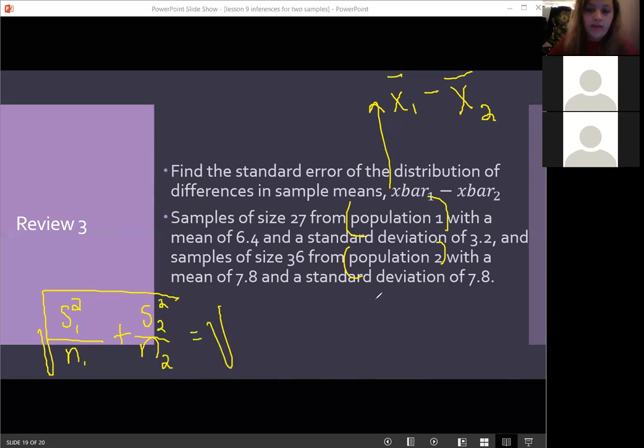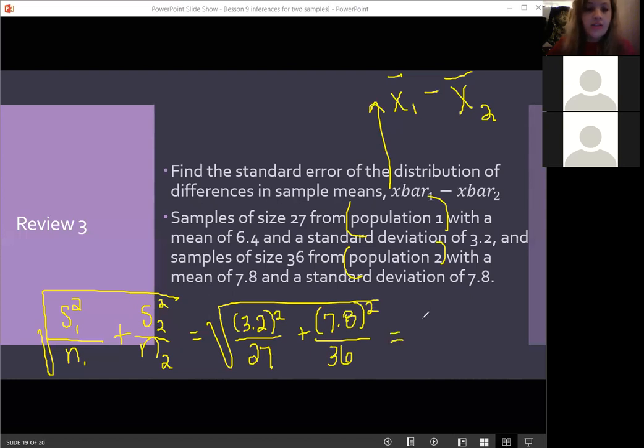So we're going to have 3.2, squared, divided by 27, the sample size of the first one, plus 7.8 for our second group, squared, divided by 36, our second sample size. If we solve this out, we get about 1.44. So that is going to be our t-test statistic here, because we talk about t when we're talking about means.